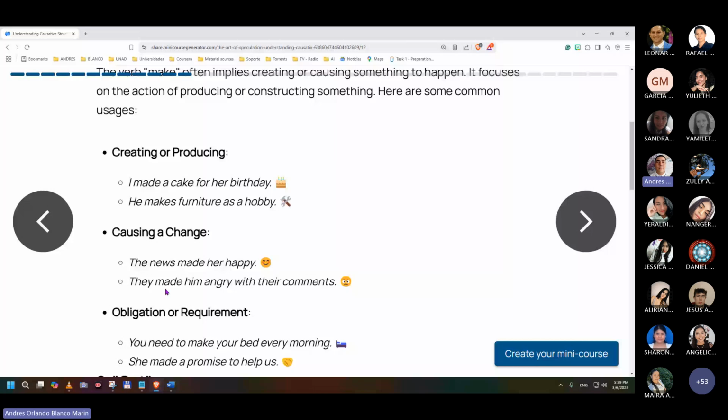They made him angry with their comments. These are more in the intention than in the structure that I showed you before, because we don't have the other verb. But the intention is to cause a change.